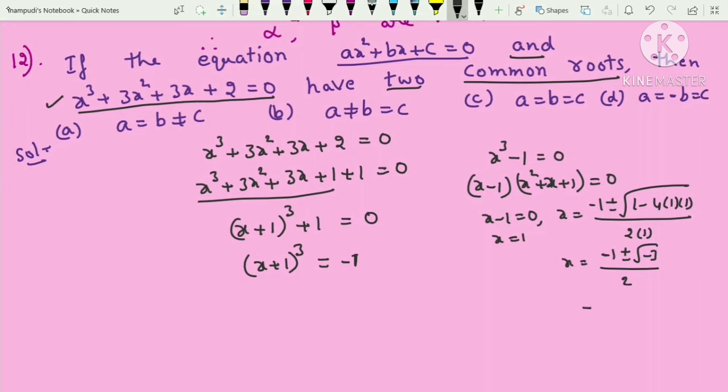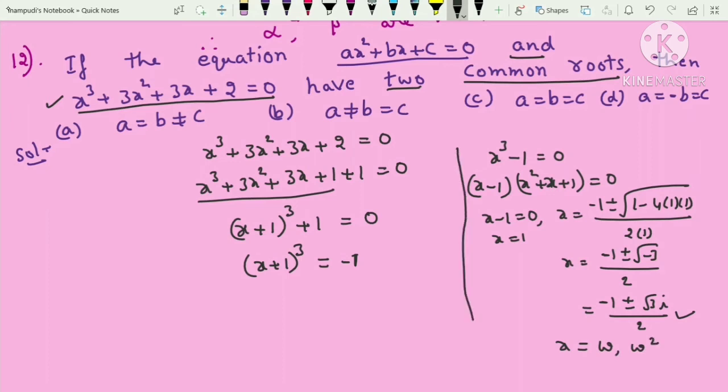This can be written as minus 1 plus or minus root 3i by 2. Here these roots are complex roots. So this can be written as one root is omega, one root is omega square.